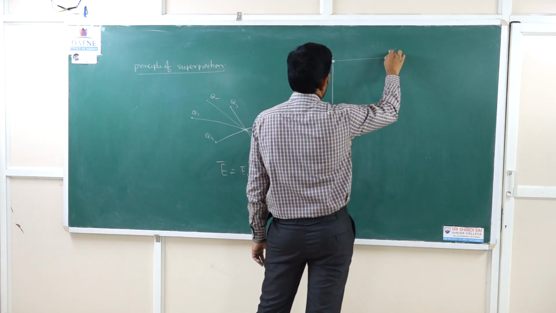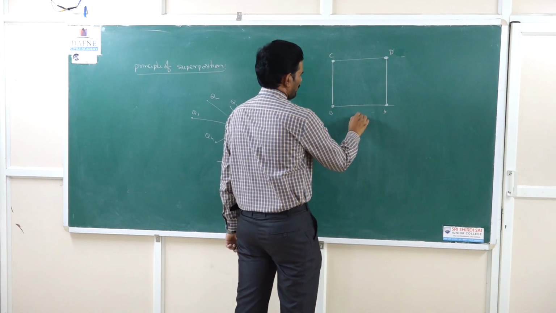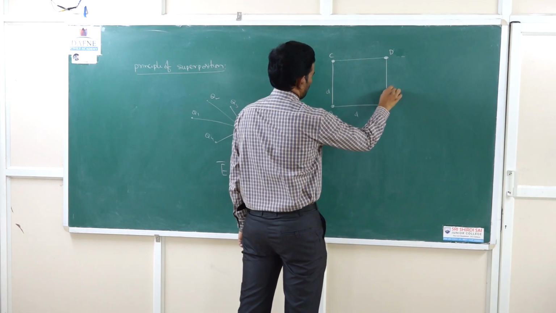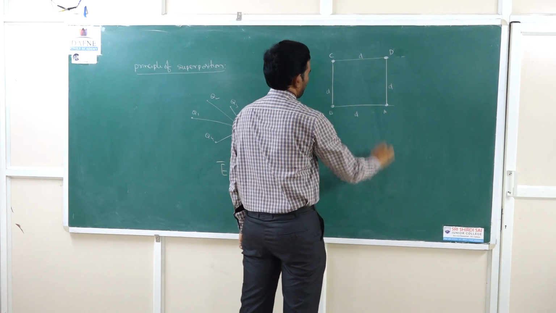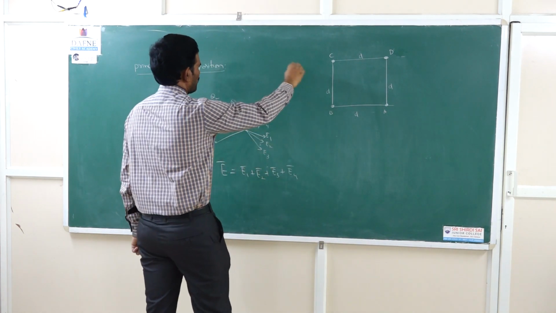So A, B, C, D. Now this is a square of side D.